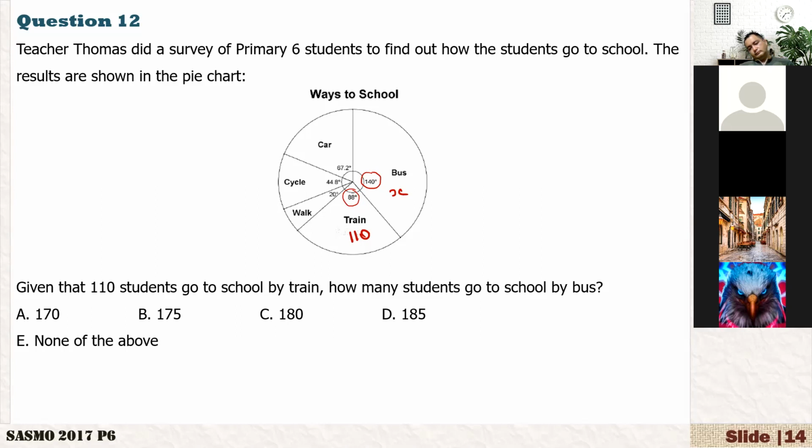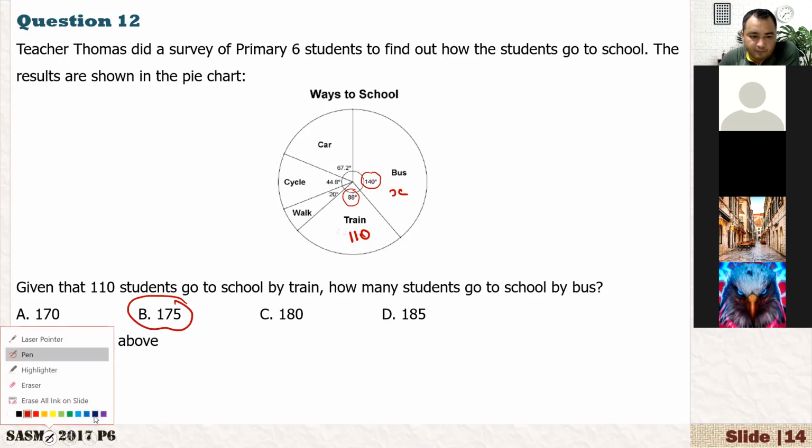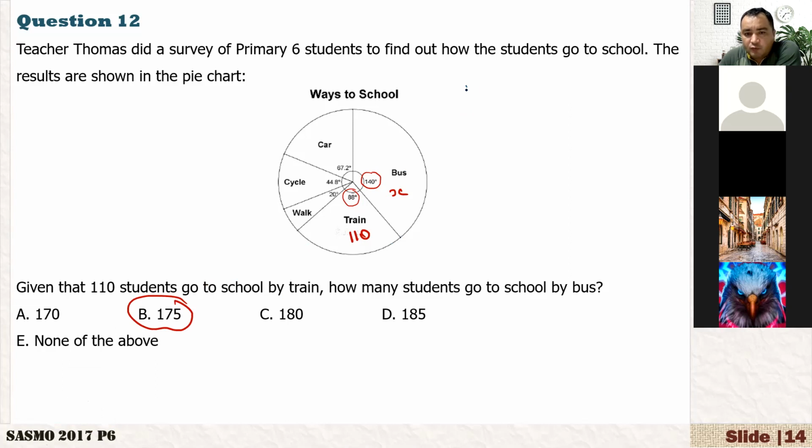I found the answer. Is it B? Yes, 175, that's correct. Oh, easy. Because here 110 is represented by 88 degrees, and how about x, which is represented by 140 degrees.